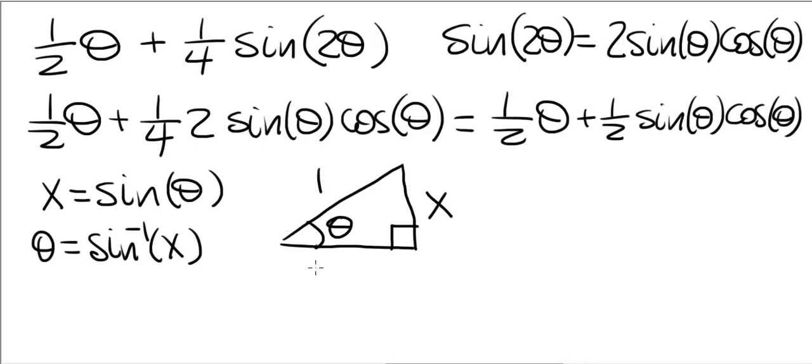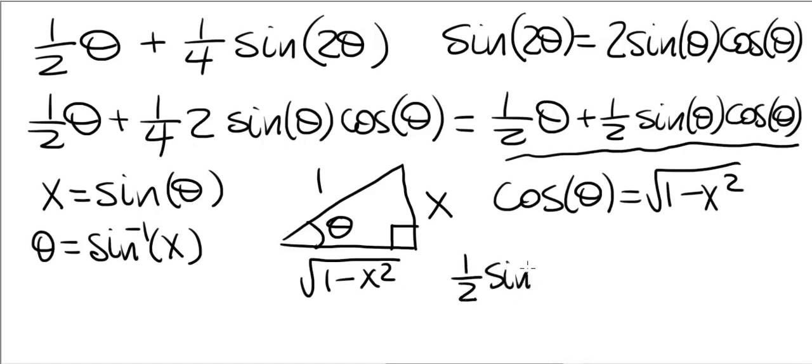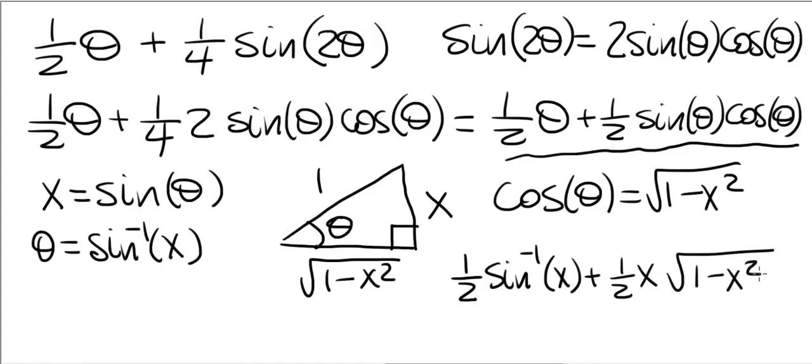And this is 1, and then the adjacent side is square root of 1 minus x squared. So all we need is cosine, and cosine of theta is square root of 1 minus x squared. So then rewriting this in variable x, we have 1/2 times inverse sine of x plus 1/2 x times the square root of 1 minus x squared.